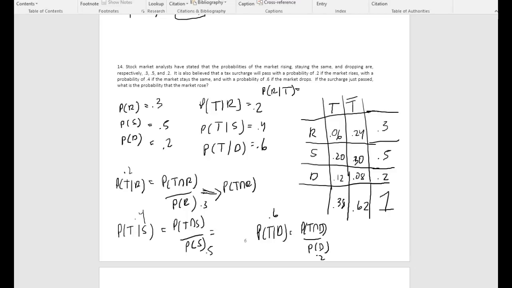And then we can also use our conditional formula for that, and that's just going to be the probability of rose and passed over the probability of tax passing, which is then R and T, which is 0.06, over probability of T, which is 0.38, and we get 0.158.